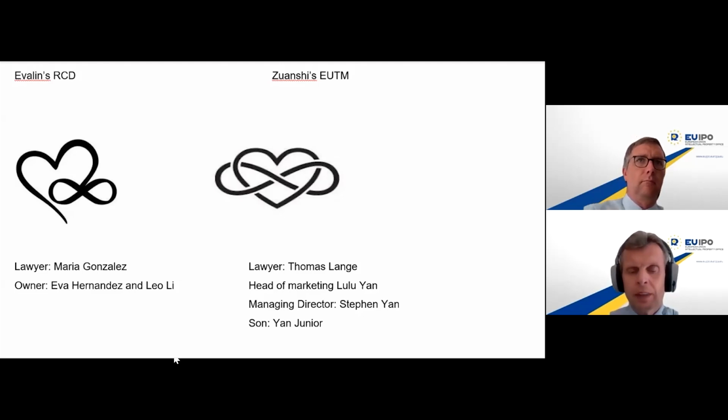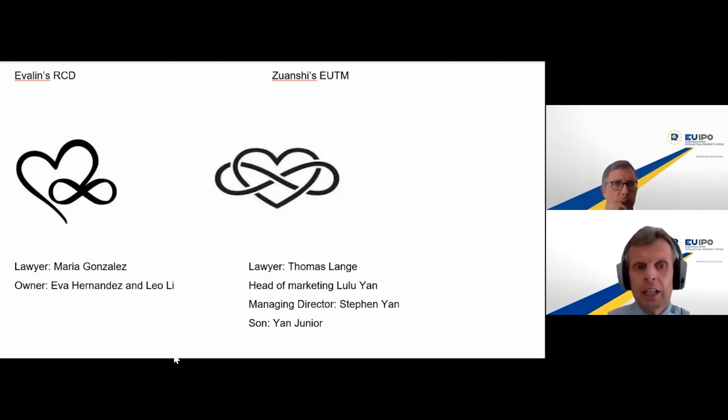What's happened is that at the first instance of the EUIPO, the invalidity division has decided that the community design is confusingly similar to the earlier trademark. Now, bear in mind that when an earlier European trademark comes into conflict with a design, if there's a claim that there's this conflict, then the rules of likelihood of confusion will apply.